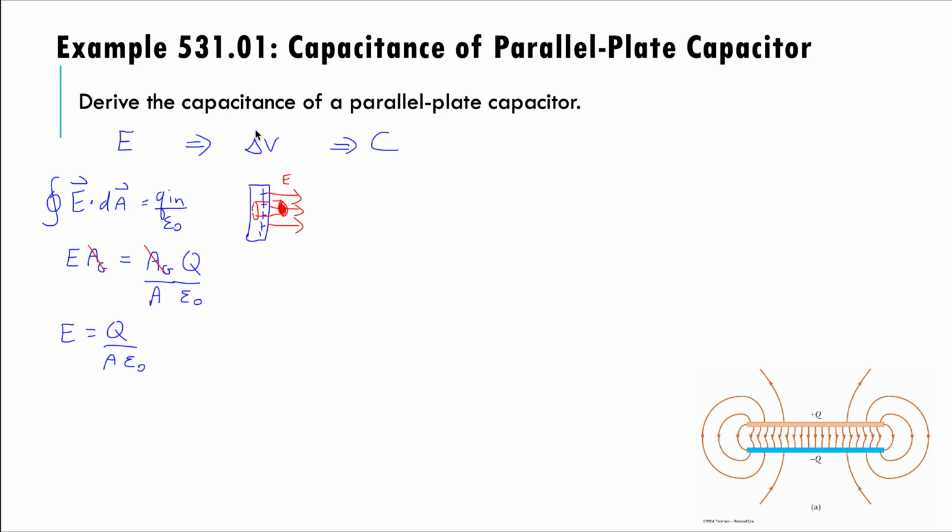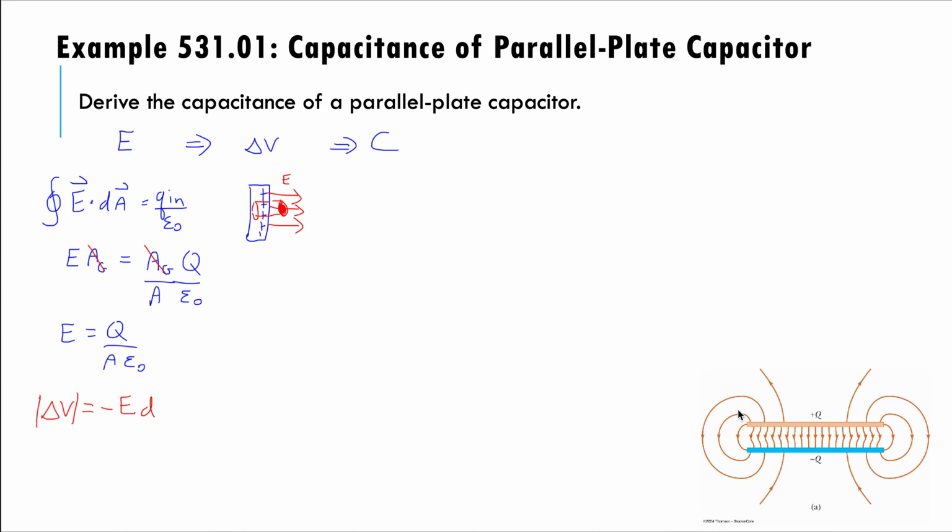Now to find the potential difference. We know that when the field is uniform, the potential difference is given by negative E times d. And when we're finding capacitance, we really just need the magnitude of the potential difference because capacitance is charge per potential difference.